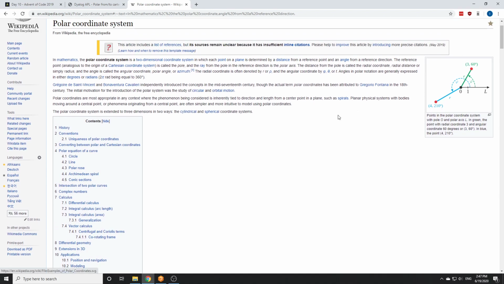Whereas Cartesian coordinates are just xy points, like how far away is it from the x-axis, how far away is it from the y-axis. Polar coordinates are, again, two numbers, but the numbers are the length from the origin, so how far away it is in terms of like a straight line, and then an angle. And for polar coordinates, the angle is going to be measured from the positive x-axis here. You can see the picture.